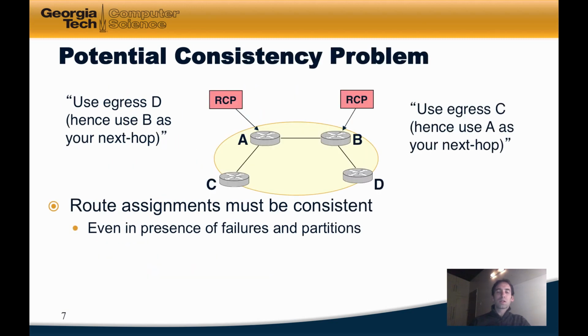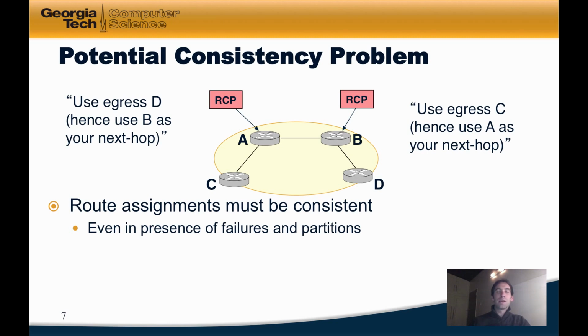There are potential consistency problems, however, if different replicas see different information. Let's see how that might be the case. So here are two RCPs. Let's suppose that they see different information and as a result compute different outcomes or desired routing table state for routers A and B in this autonomous system.